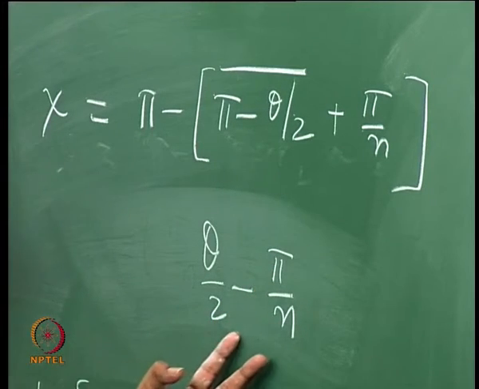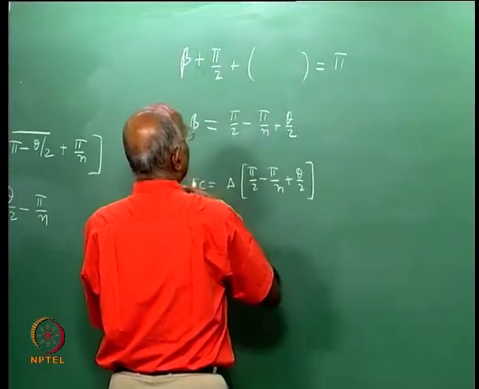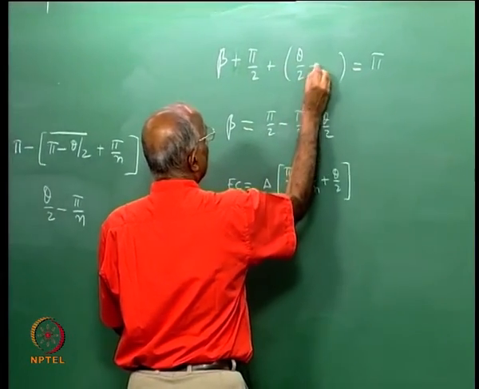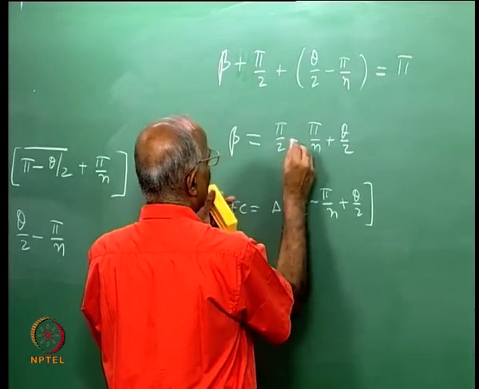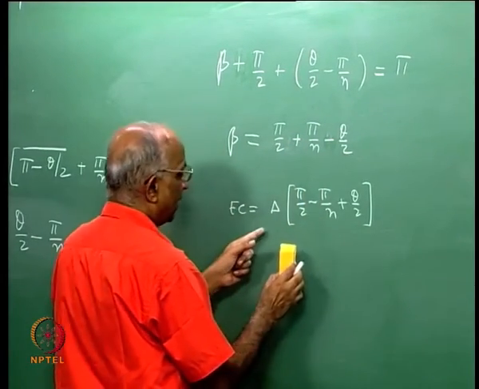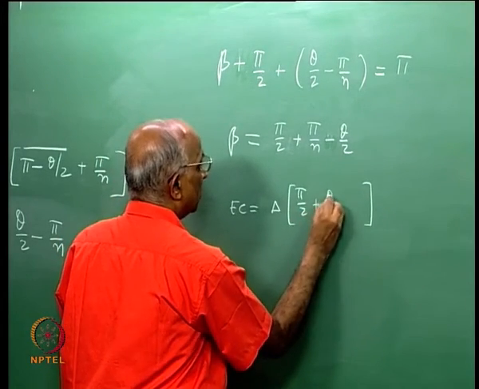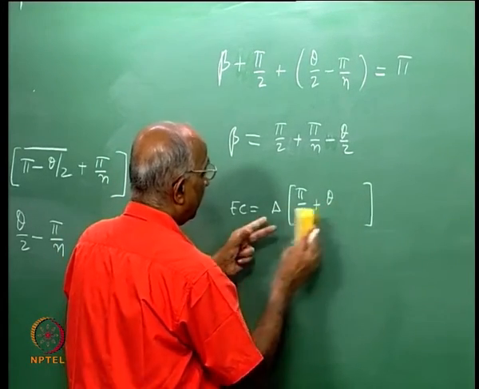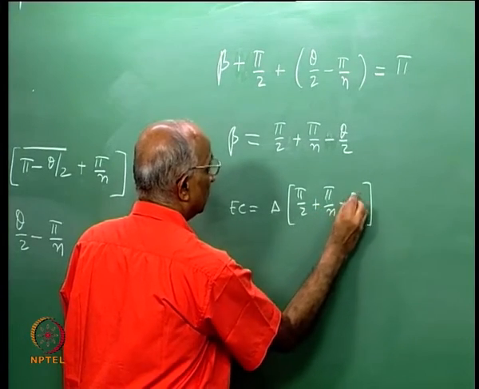If it is theta by 2 minus pi by n, we change this into theta by 2 minus pi by n, and therefore the sign gets changed, plus and minus, and therefore the angle is equal to pi by 2 plus pi by n minus theta by 2.